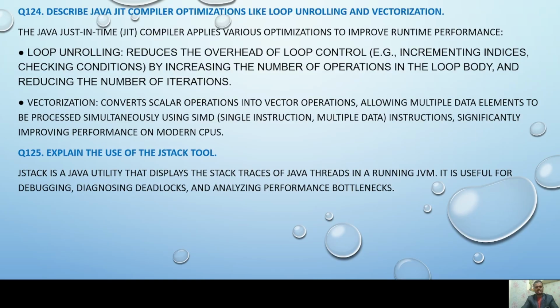Describe Java JIT compiler optimizations like loop unrolling and vectorization. The Java just-in-time compiler applies various optimizations to improve runtime performance. Loop unrolling reduces the overhead of loop control, that is incrementing indices, checking conditions, by increasing the number of operations in the loop body and reducing the number of iterations.